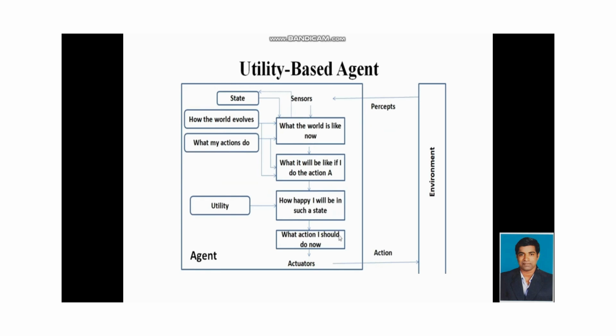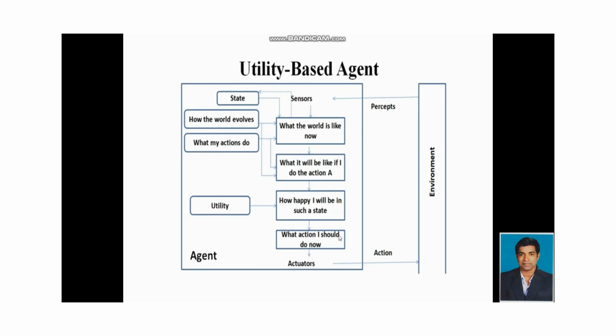Here it is the same as a goal based agent, all are the same, but the only difference is how happy I will be in such a state. We are including that in between the actions. So we are taking utility inputs.